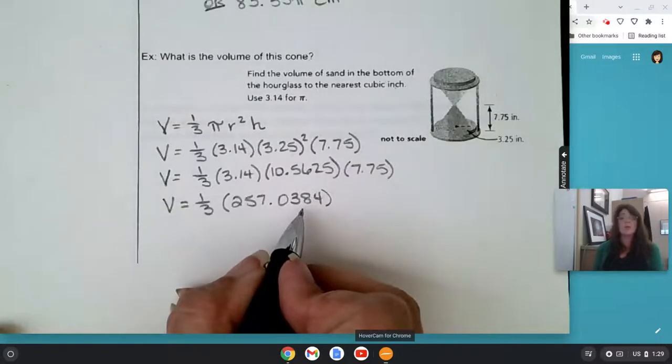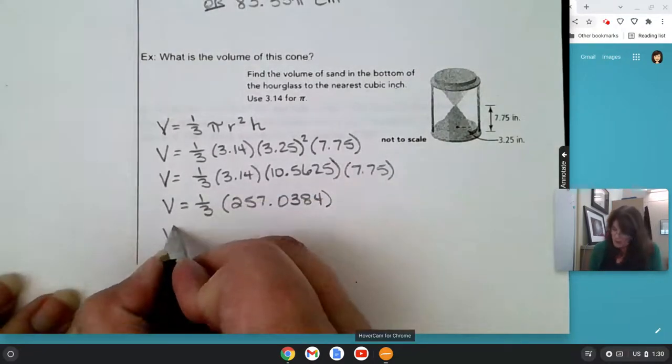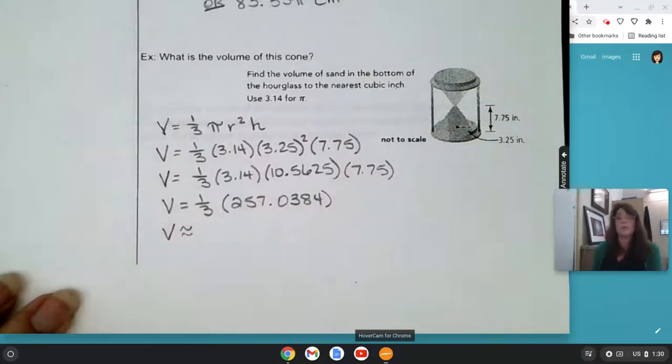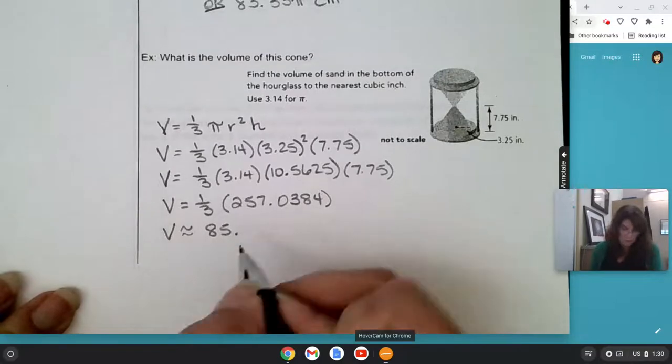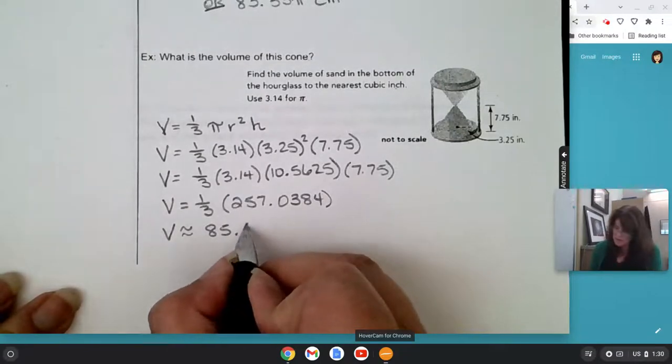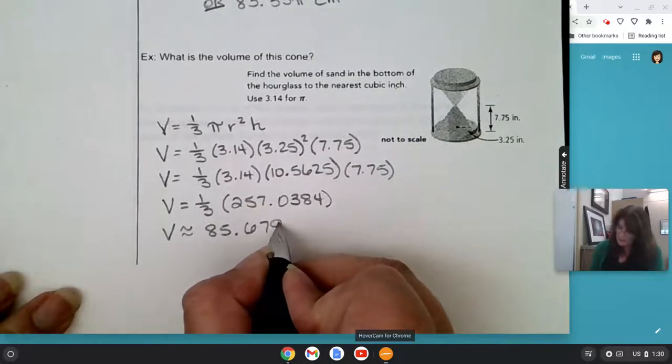Now we're multiplying by a fraction with a decimal. What? So let's just divide. Divided by 3 equals, and now I'm going to use the approximate symbol because we've done some rounding. 85.6795.